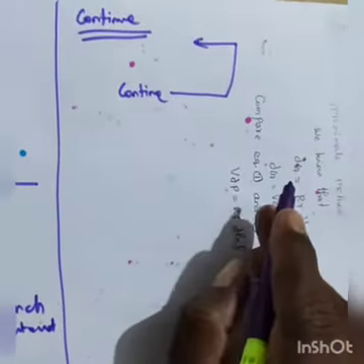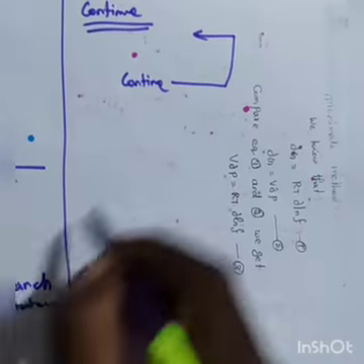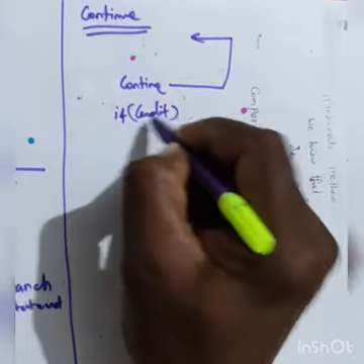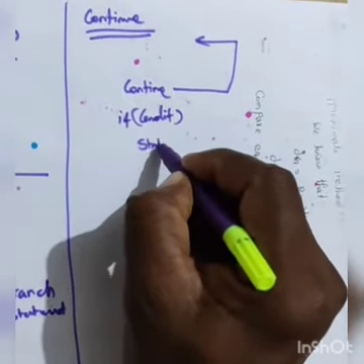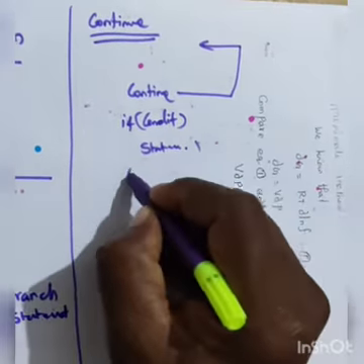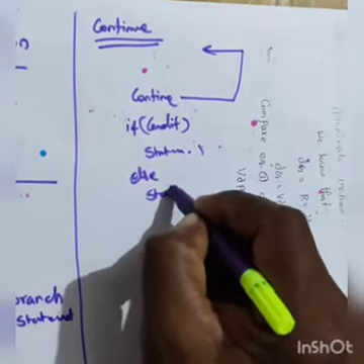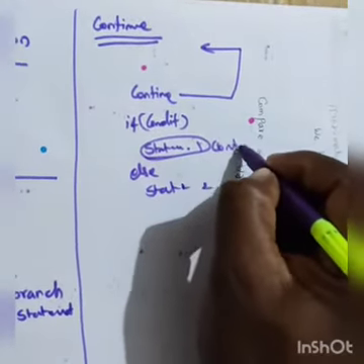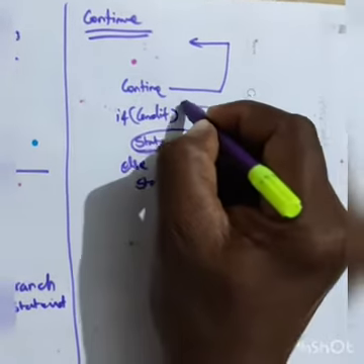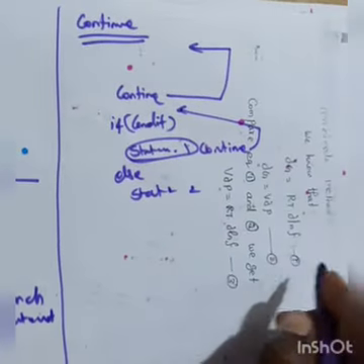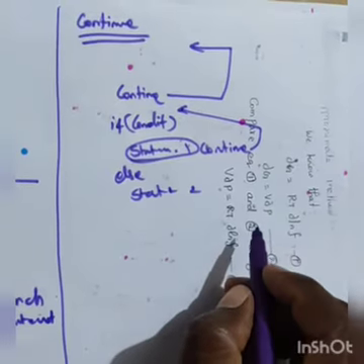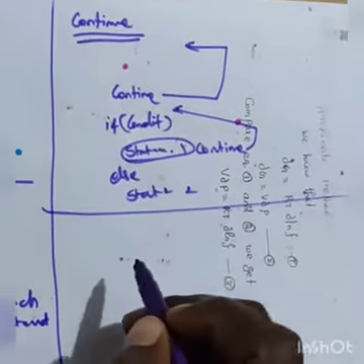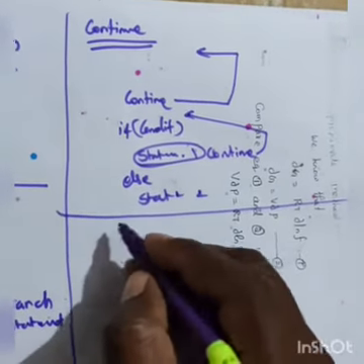Here again, if condition, statement 1, else statement 2. Here I put continue, so the condition is executed again and the next iteration also executes. That is called the continue statement.